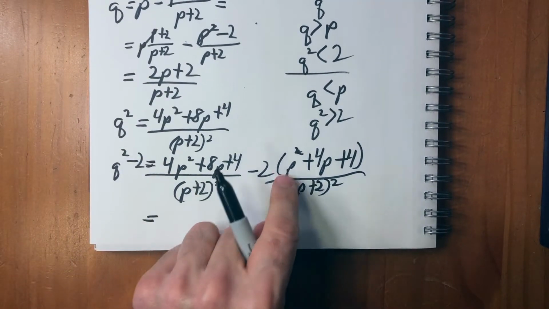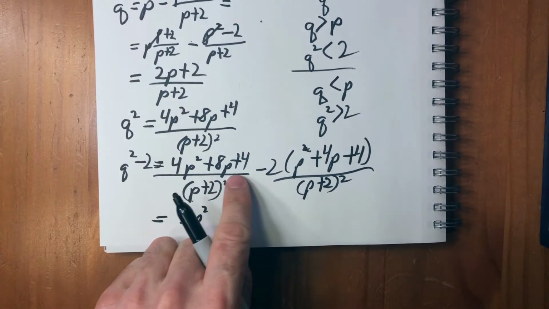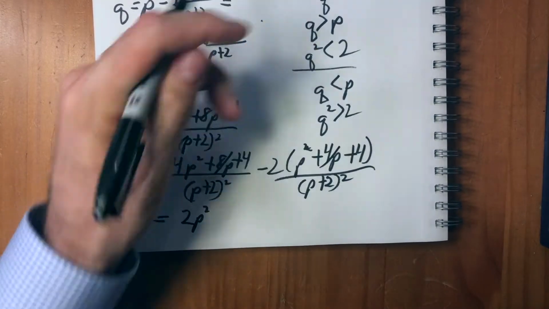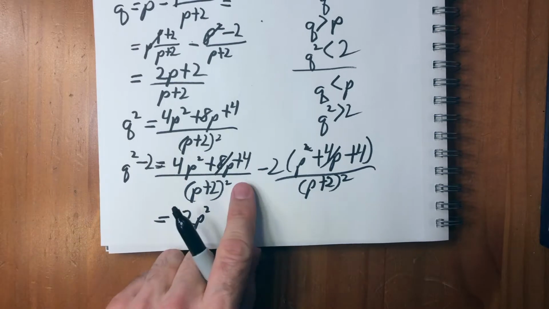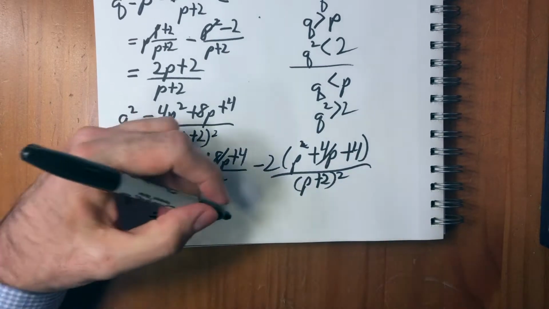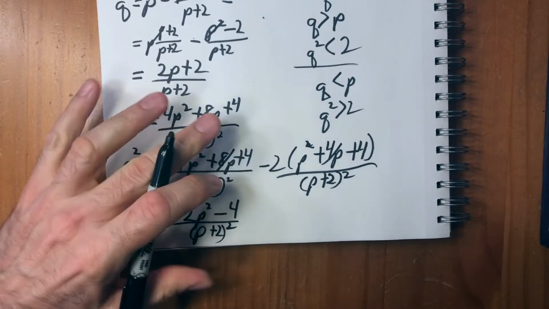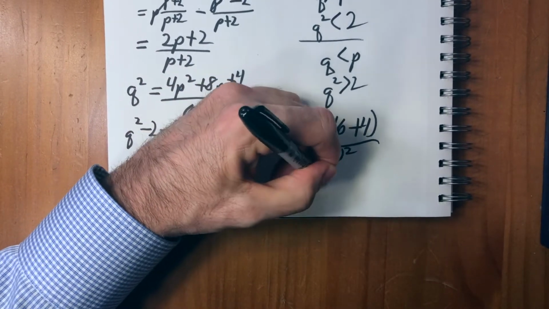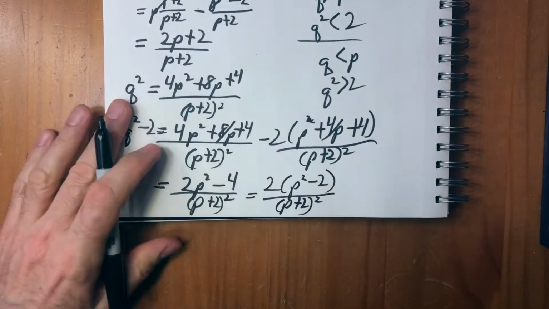This is 4p squared minus 2p squared, which is 2p squared. And then minus 8p plus 8p, these cancel. And then plus 4 and minus 8 is minus 4, over (p plus 2) squared, which equals 2 times (p squared minus 2) over (p plus 2) squared.